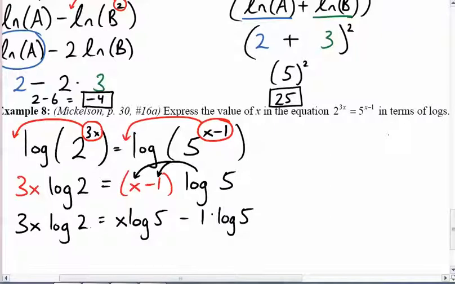So to solve for x, all you have to do is get all the x's on one side by itself. So I think I'll put all the x's on the right side. So I'll add log 5 to both sides to move the log 5 to the left.